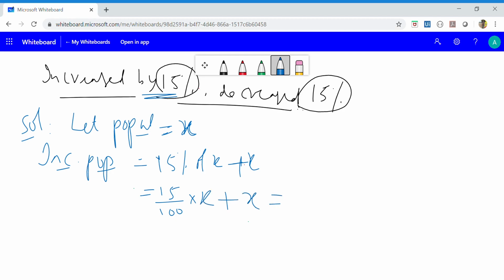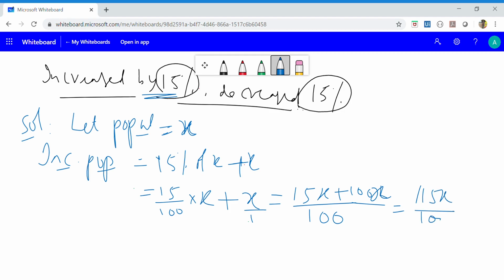By taking LCM, 100 is the LCM, then 15x plus 100x becomes 115x by 100. This is at the end of the first year.